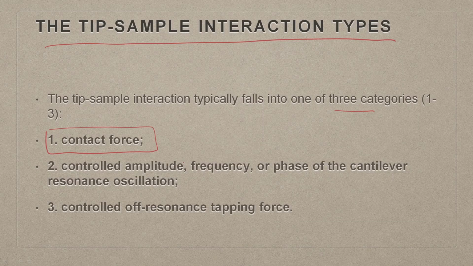Second thing is controlled amplitude, frequency or phase of the cantilever resonance oscillation. That means here you are controlling the amplitude and the frequency or phase of the cantilever's resonance oscillation. Say, for example, the cantilever hits on a substrate.